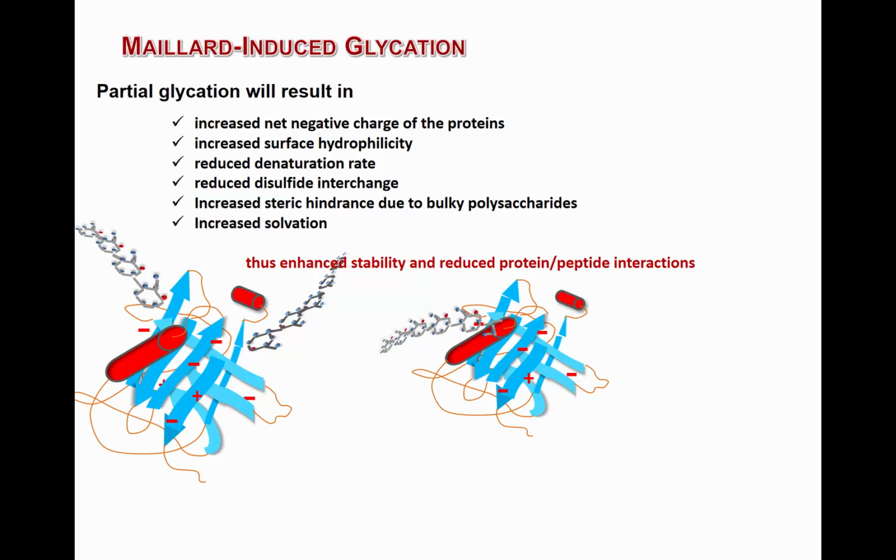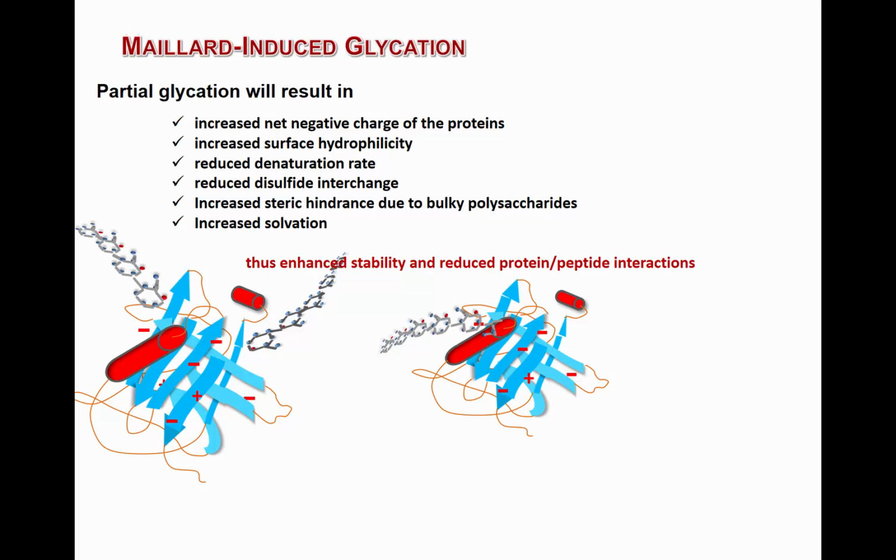And when you have a higher net negative charge on the surface, you have higher hydrophilicity on the surface. Add to that, when you have negative charges on the surface, you increase the denaturation temperature. It becomes more thermally stable. With more charges, more interaction with the water, the protein doesn't want to expose its hydrophobic groups, so it won't denature as readily as a protein with less charge on the surface.